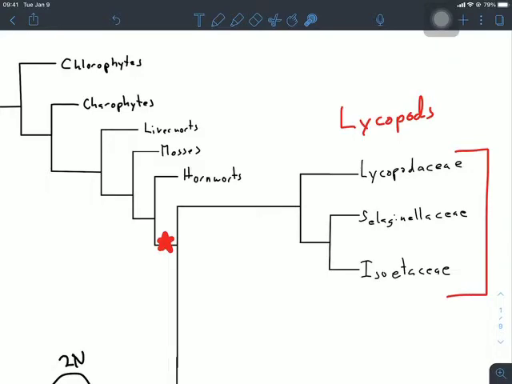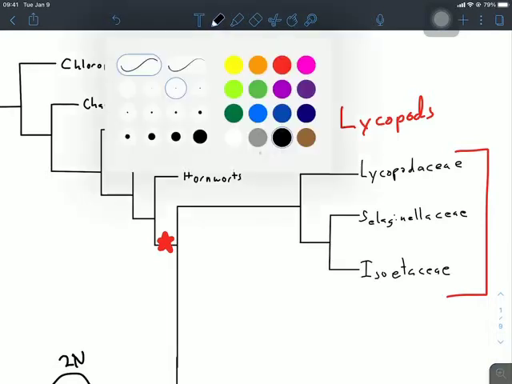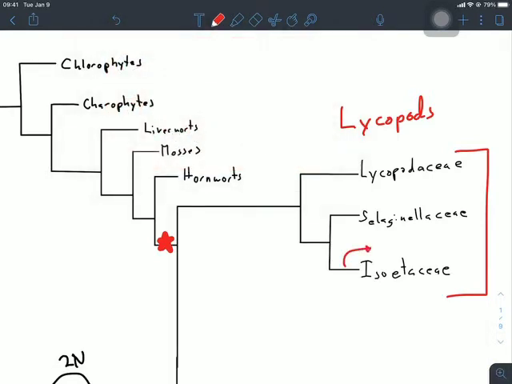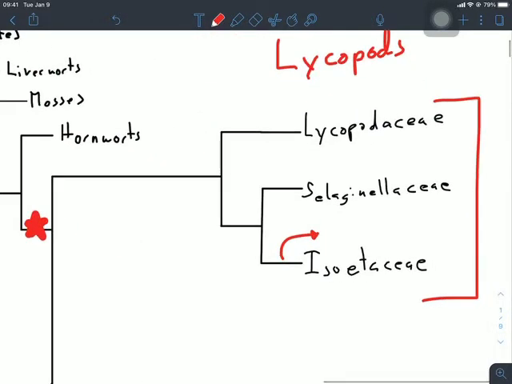But it's even more interesting to take a look at the lineages of lycopods that are no longer living on planet Earth. Those being sister to Isoetaceae, and what we'll refer to as the Lepidodendrales.